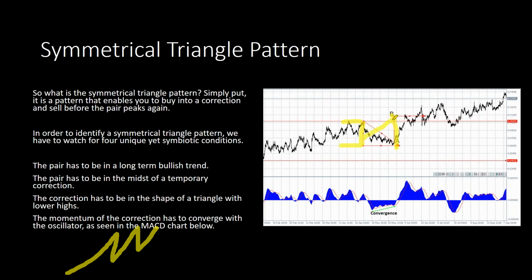So this is your breakout of that triangle, but we have to use it with other indicators. In this case, we're using MACD, which is also giving us a convergence, and we're getting our buy signal to enter the market when we get the breakout from the triangle.